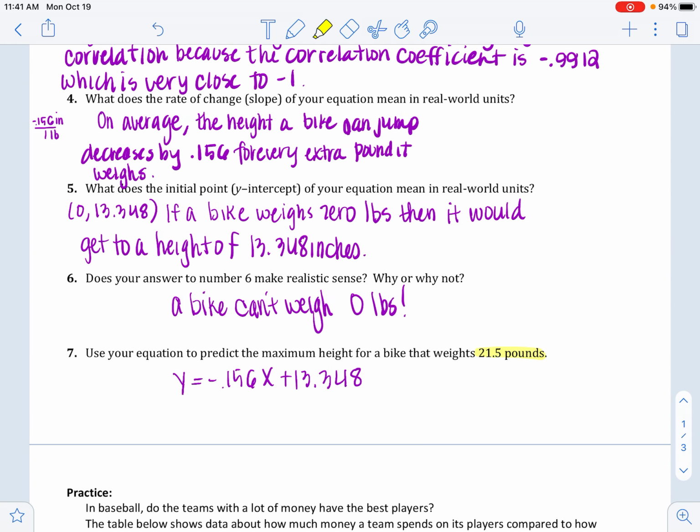And we are going to plug in that X value, right? Because this was an X value. So we have Y equals negative 0.156 times 21.5 plus 13.348. I can go ahead and put that in my calculator. And I get Y equals, and we're going to round to 3 decimal places.